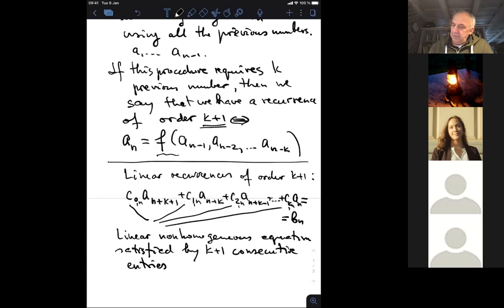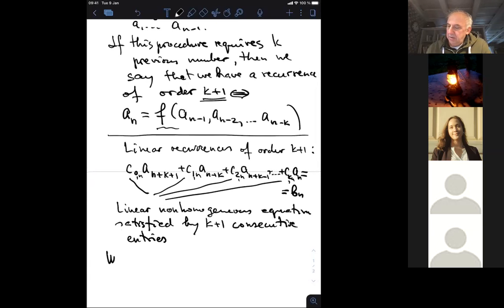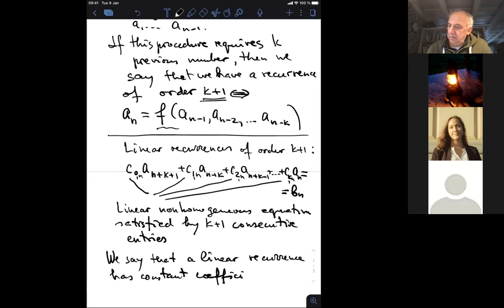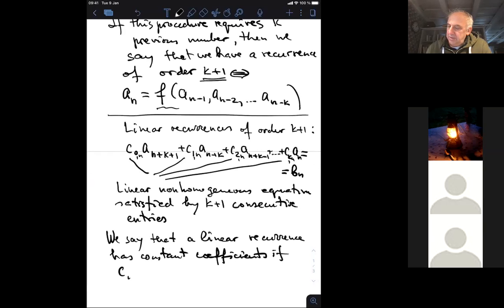So we say that a linear recurrence has constant coefficients if the c_i's and b are independent of n.